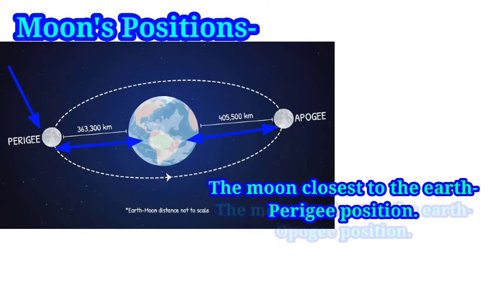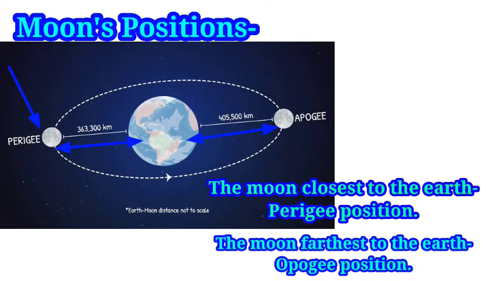When it is the furthest from the earth, the position is called the apogee position. It is very simple. When the moon comes closest to the earth, this position is called perigee. When the moon is the furthest from the earth, the position is called apogee.